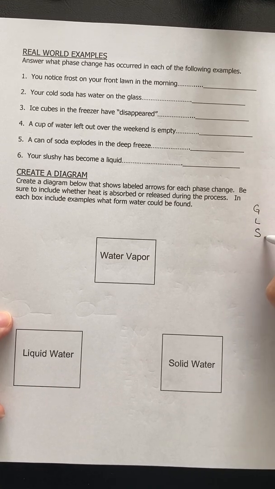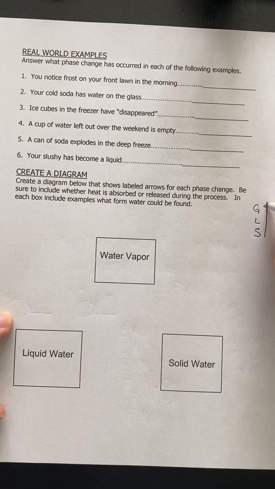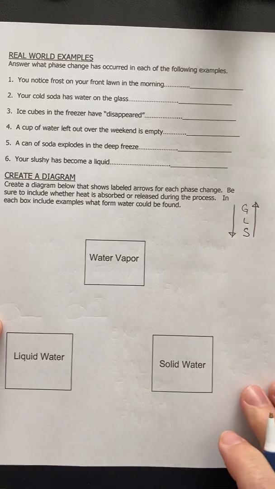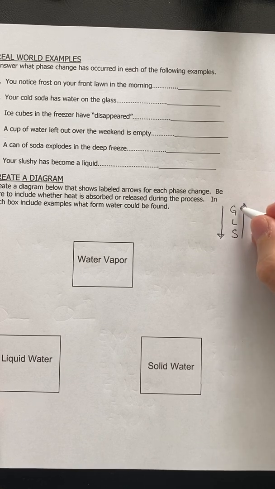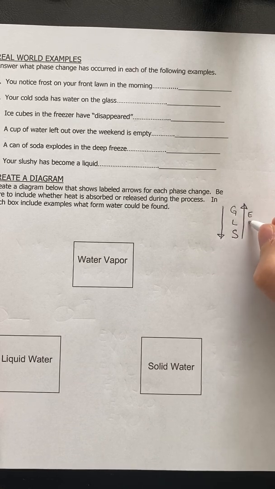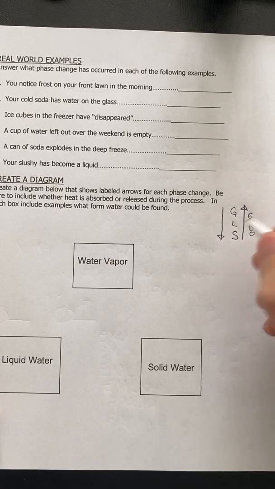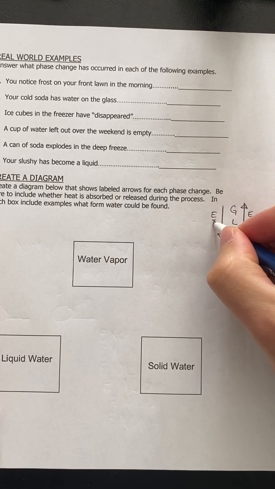So really what we're saying here is faster, faster, faster, or slower, slower, slower. And then you were to say, okay, well, if I want something to go faster, I got to put some energy into it. That'd be endo. Or if I want something to go slower, I got to get some energy out of it. It's got to kick energy out.